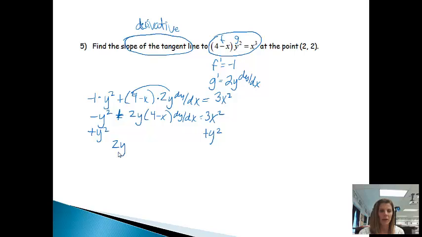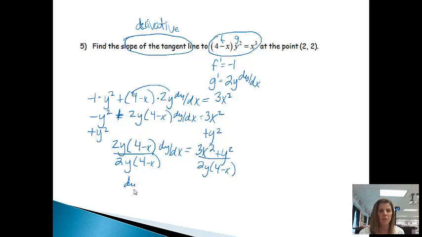So I will now have 2y (4 minus x) dy/dx is equal to 3x squared plus y squared. And now to solve for dy/dx, we will divide by 2y times (4 minus x). So my dy/dx, my derivative, will equal (3x squared plus y squared) over 2y (4 minus x).